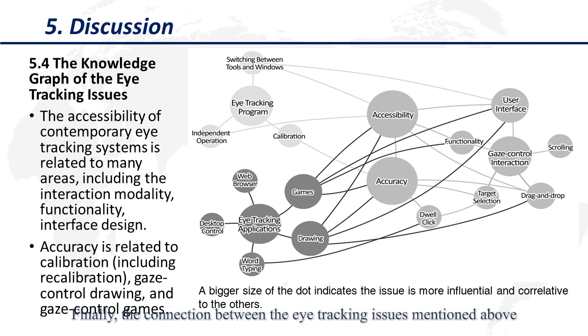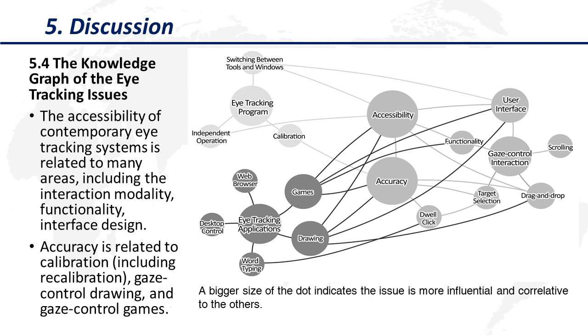Finally, the connection between the eye-tracking issues mentioned above is delineated in the knowledge graph. It implies a correlation among these three aspects throughout the usage of eye-tracking systems. It is shown here that most issues exposed in the survey were associated with accessibility and accuracy. On one hand, the accessibility of contemporary eye-tracking systems necessitates urgent improvements in many areas, including interaction modality, functionality, and interface design.